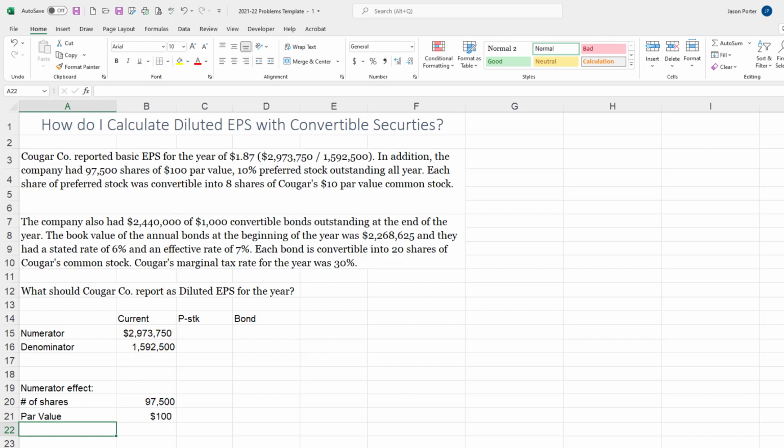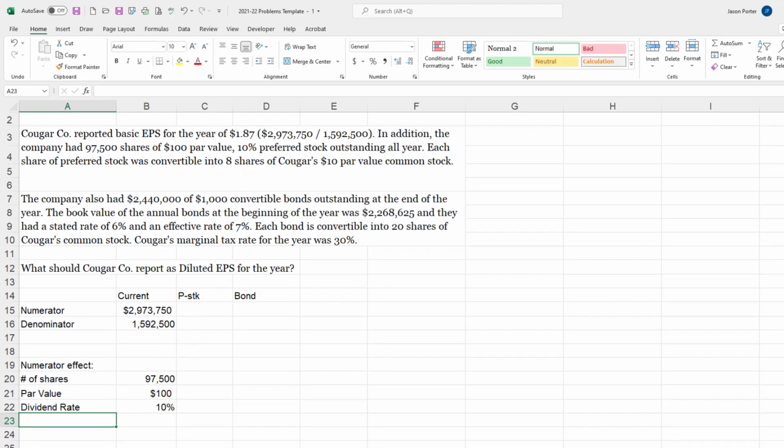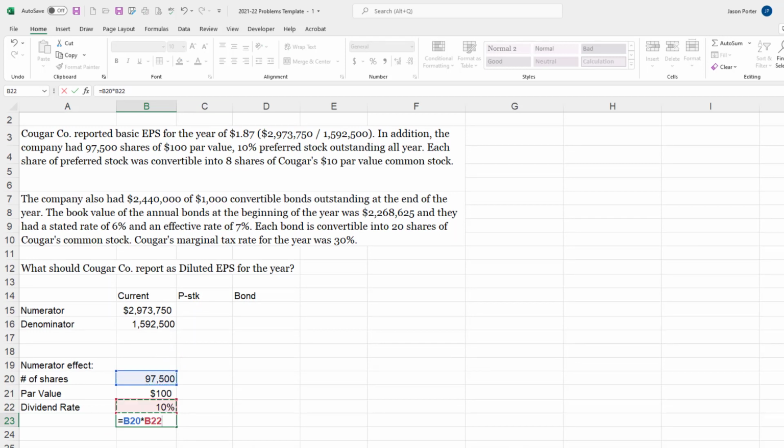And then I'm going to multiply by their dividend rate, which is the amount we have to pay them each year, which is 10%. And if I multiply that, 97,500 times $100 times 10%, we're going to save $97,500. Now, I'm not going to put that up into row 15, not yet, because I'm still not sure if this is dilutive or anti-dilutive. So we'll just leave that there for now.